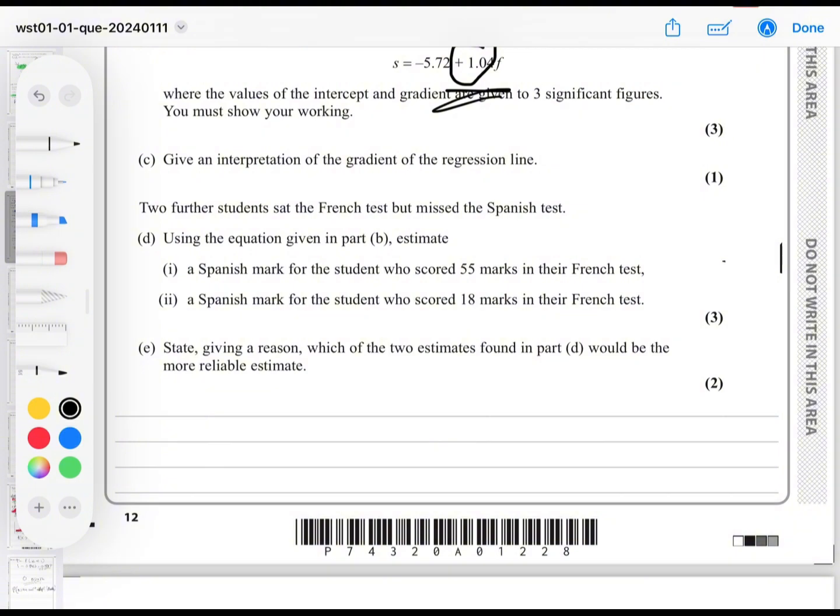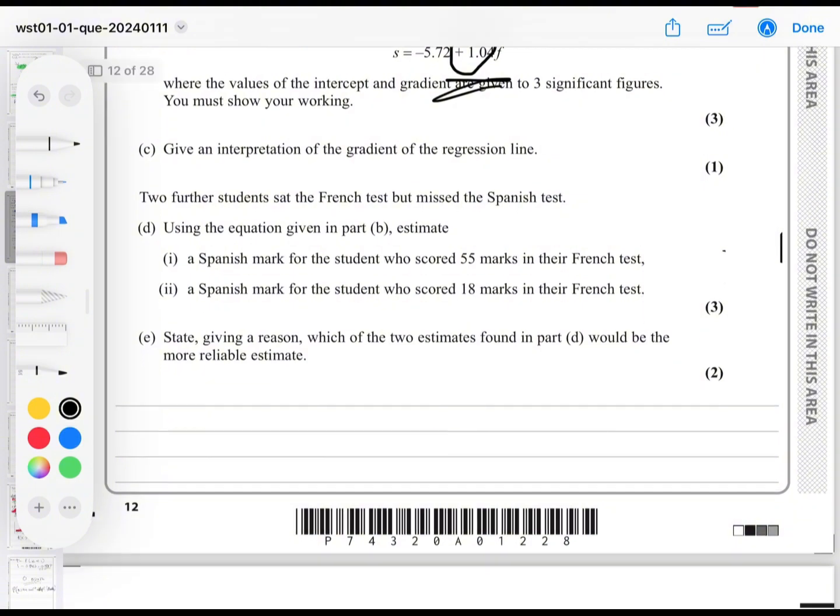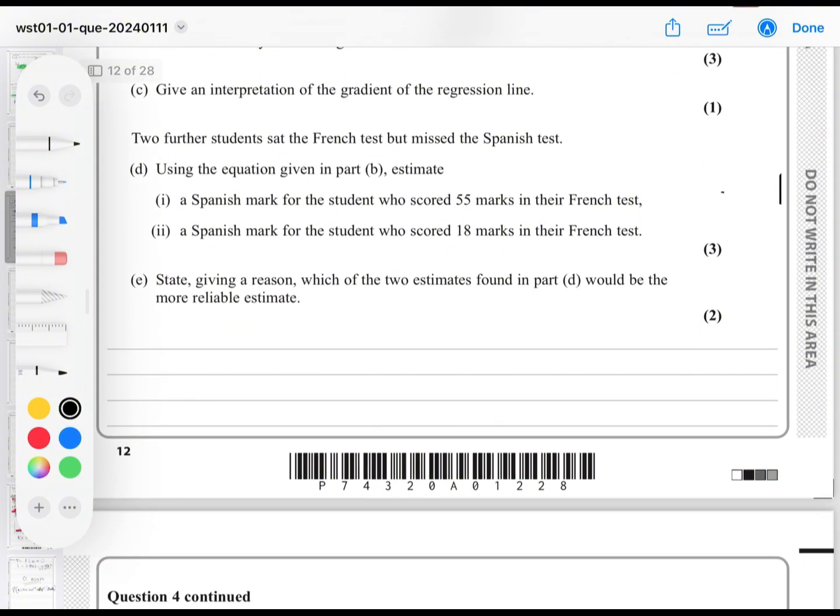Two further students sat the French test but missed the Spanish test. Using the equation given in part B, estimate a Spanish mark for the student who scored 55 marks in their French test. So simply we will use the equation. They already said that we have to use the equation. So the equation is Spanish equals minus 5.72 plus the gradient times the French.